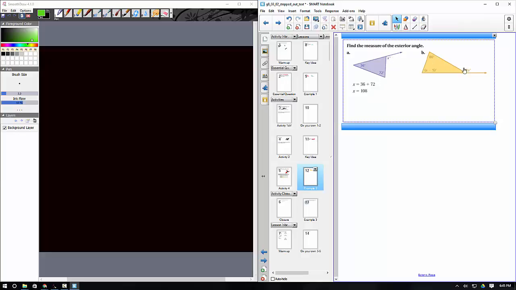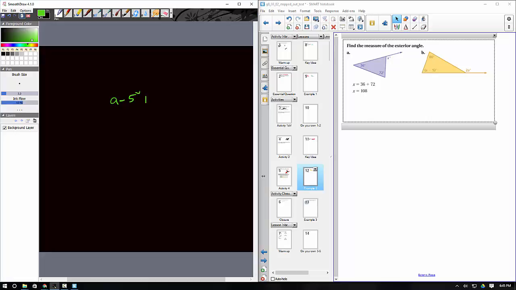So 108. This one here has got to be equal to these 2 things. So I have 80 plus a minus 5. And these will be equal to each other, right? So let's just set that up and see what it looks like. So if I have a minus 5 plus 80, and that will equal 2a.